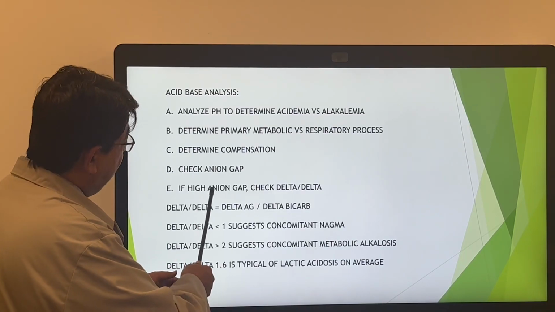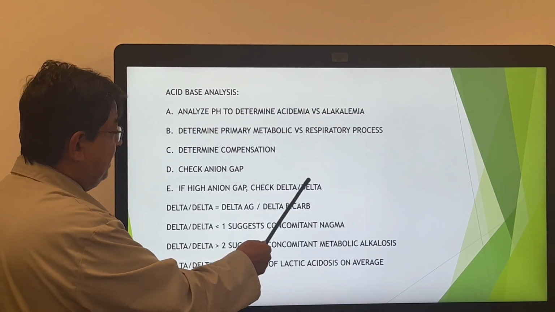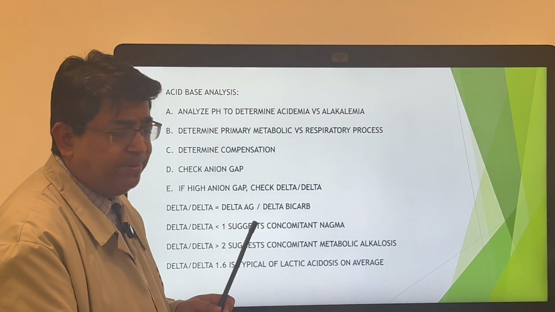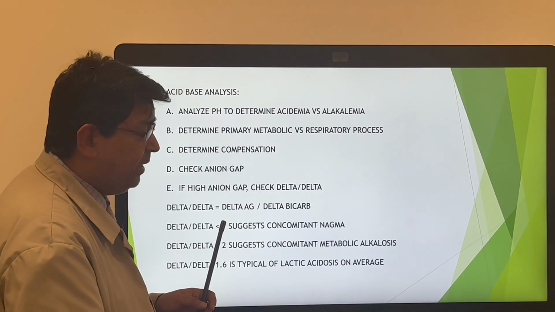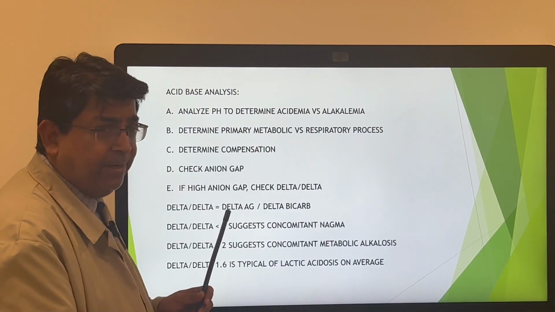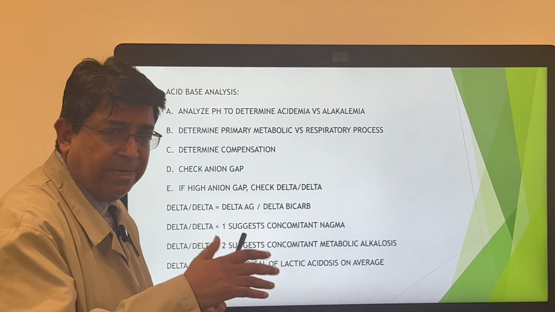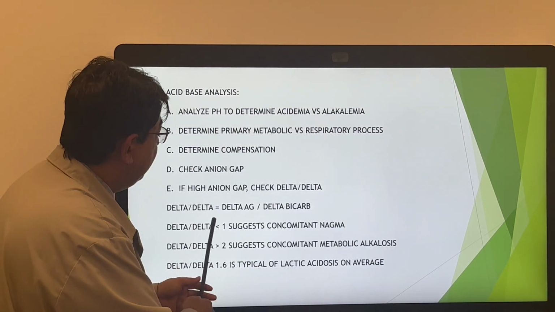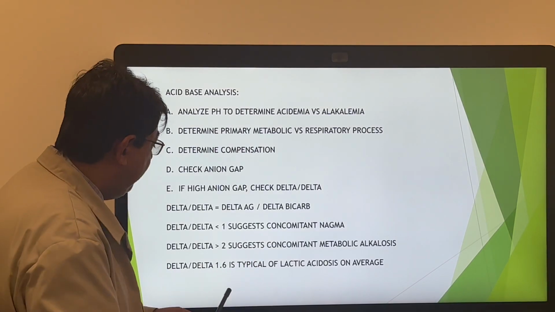So if there is a high anion gap, then check the delta-delta. I use the delta-delta ratio, not the subtraction, because I feel that the ratio is typically more useful and more consistent and reproducible. So delta-delta is basically the change in anion gap over the change in bicarb.